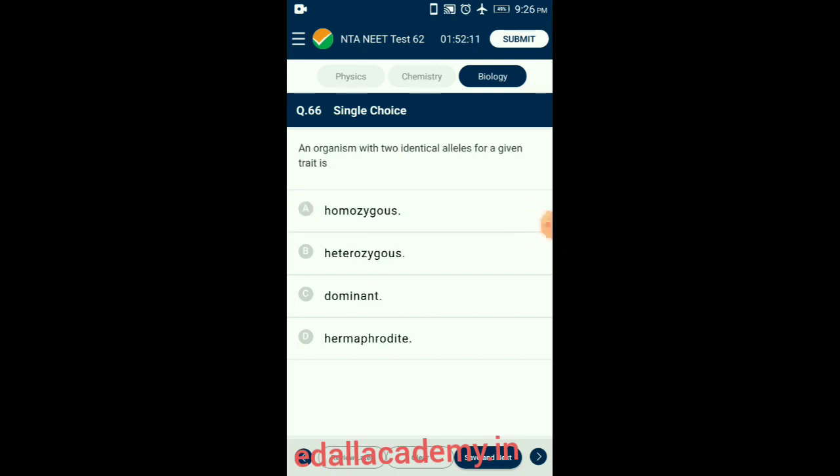An organism with 2 identical alleles for a given trait is. The homozygote is pure for the character and breeds true. That is, it gives rise to offspring having the same character on self-breeding. For example, capital T or small t. So the answer is option A, homozygous.